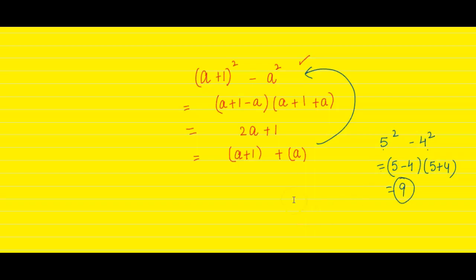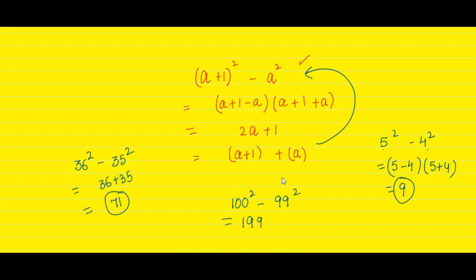So from here we can derive that when we take the difference of two consecutive squares, for example 36 square minus 35 square, its answer is simply 36 plus 35. So the answer is 71. Another example, 100 square minus 99 square. So the answer is simply 199. See how beautifully we have used the difference of squares.